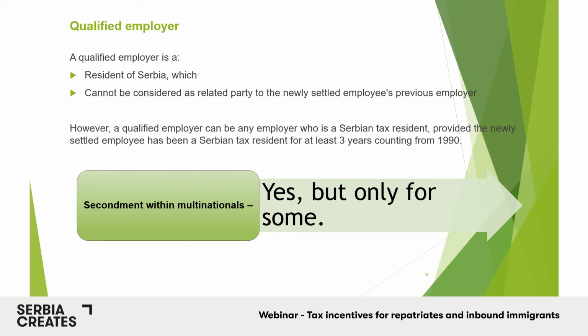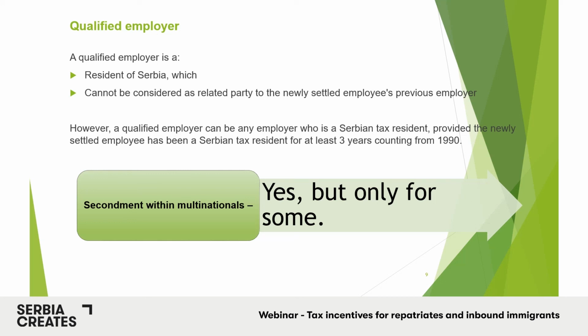But herein comes the demographic aspect. We now know that there are many Serbian citizens or former Serbian citizens who have emigrated from Serbia and who now work for big multinational corporations, and most of the world's economy is multinational corporations.